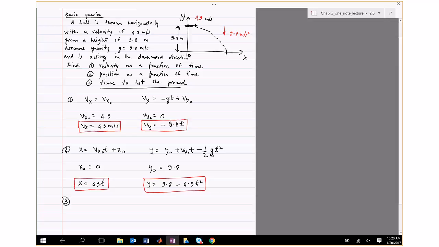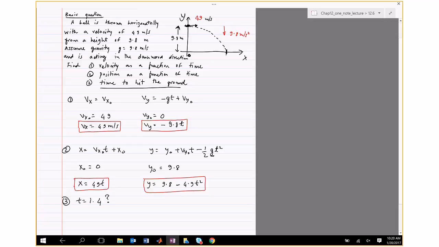Did anybody get the time? Time to hit the ground? How much? 1.4. Anybody else got a different answer? Let's check if this is the right answer.